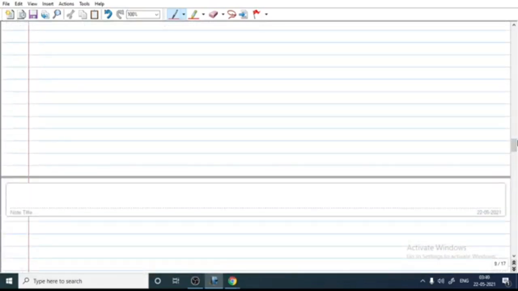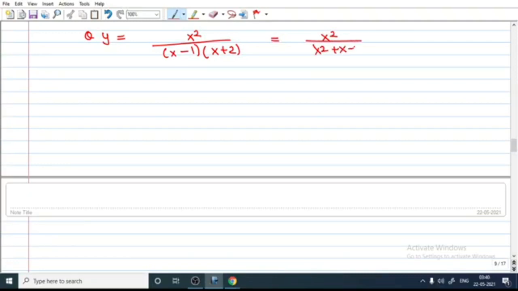So let me write the question. Y equals x cube the whole upon x minus 1 x plus 2. If I multiply, what I am getting is x cube the whole upon x square plus x minus 2.